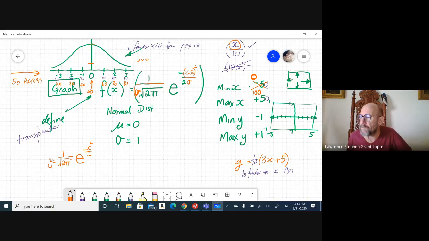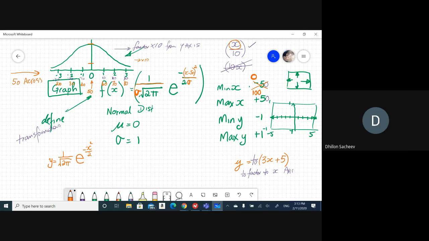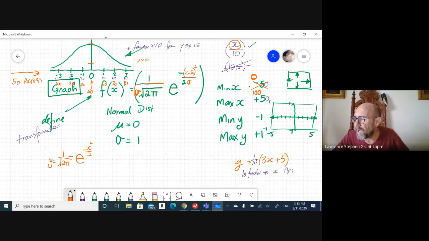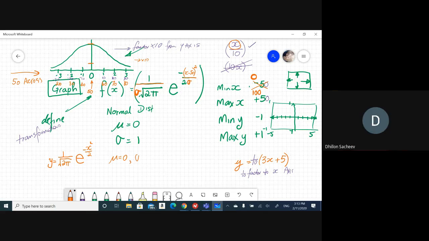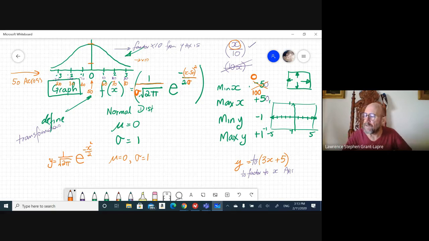What does that function represent? Normal distribution. Good. It's the normal distribution where the mean is 0 and the standard deviation is 1. Okay.